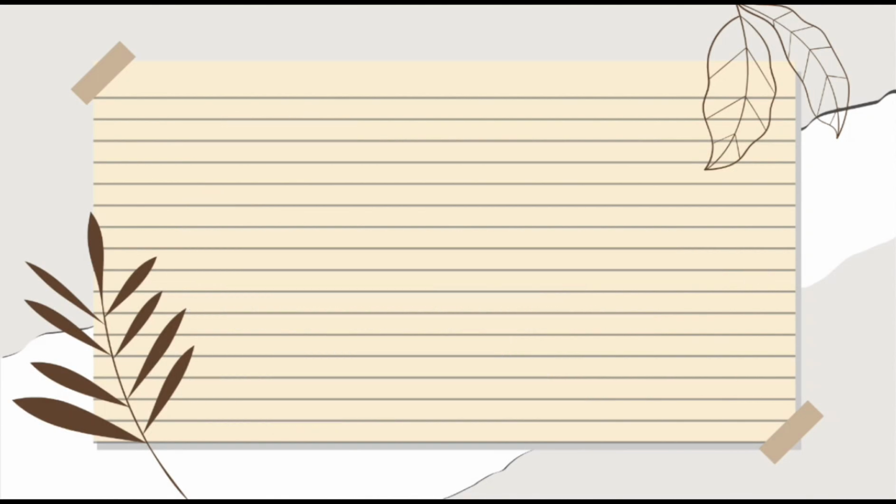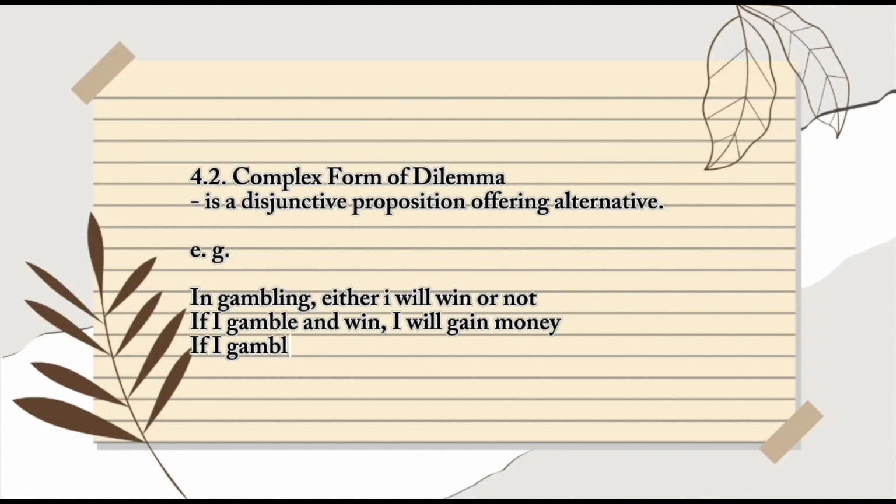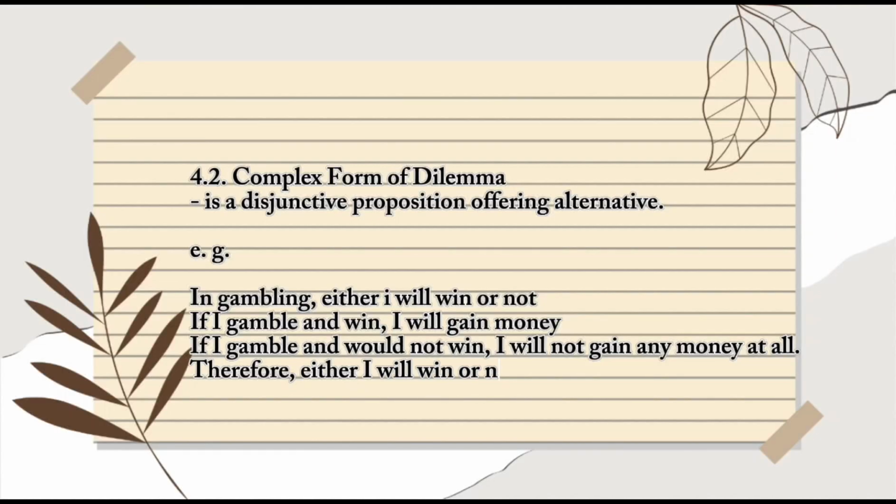While sa complex naman is ito yung you don't know the possible outcomes but susugal ka. Kumbaga sa argument, it's either manalo o matalo ka pero makikipag-argue ka. For instance, in gambling, either I will win or not. If I gamble and win, I will gain money. If I gamble and will not win, I will not gain any money at all.